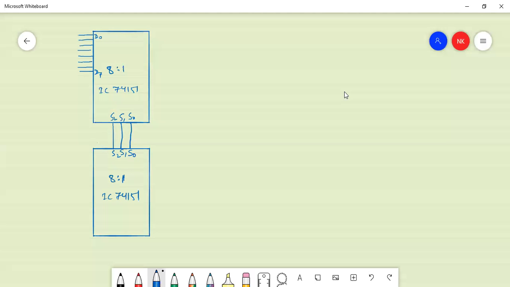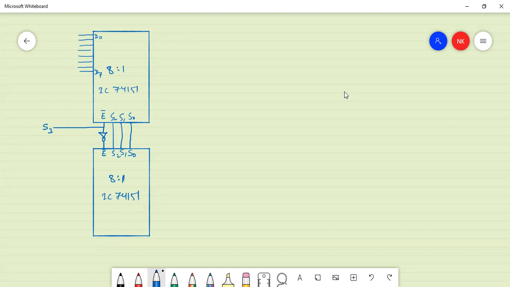So strobe input means what? It will work as an enable input. So the fourth one जो है select line, तो उसे हम ऐसा लिख सकते हैं like S3 can be given as a strobe input. So this is enable and this is enable input.